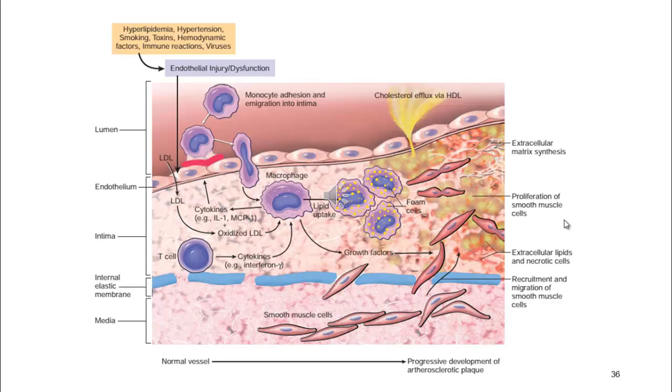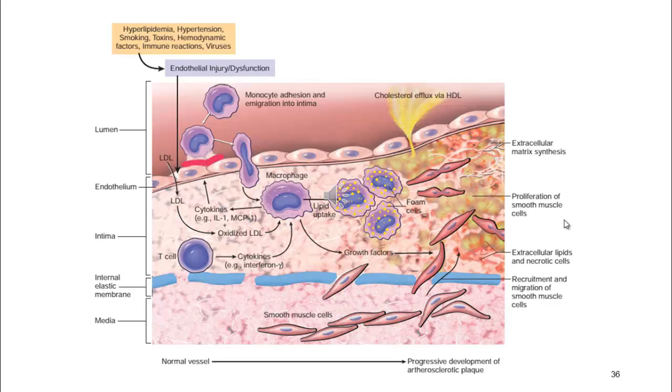Furthermore, once these macrophages have migrated inside the intima, they are going to engulf the lipid from the blood. They convert into foam cells, and they cause the oxidation of this lipid. Once these lipids are oxidized, they cause the release of certain factors and chemokines from these foam cells, which cause the migration of smooth muscle cells from the media into the intima.